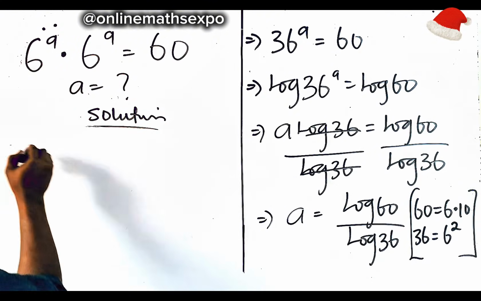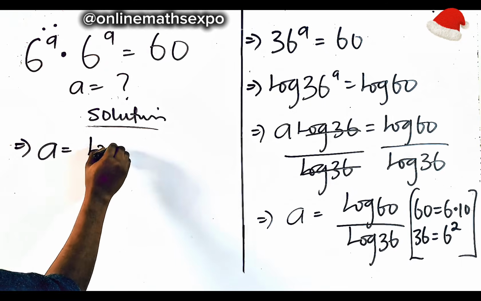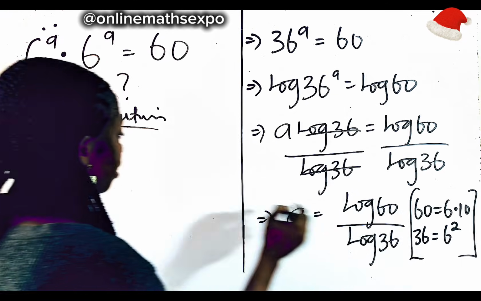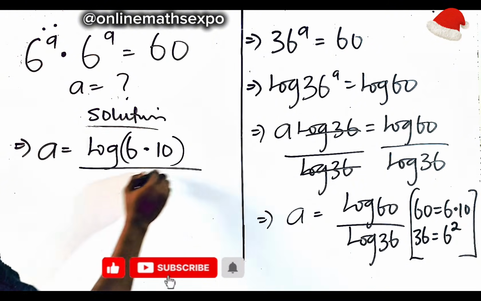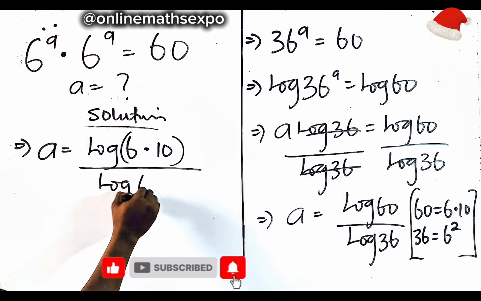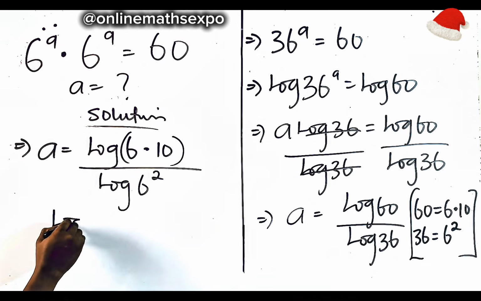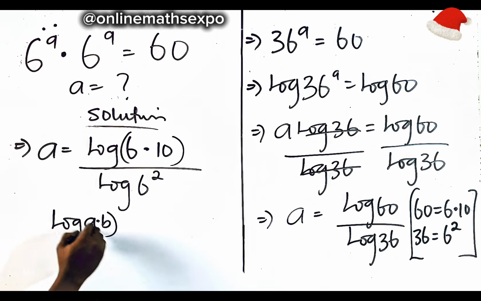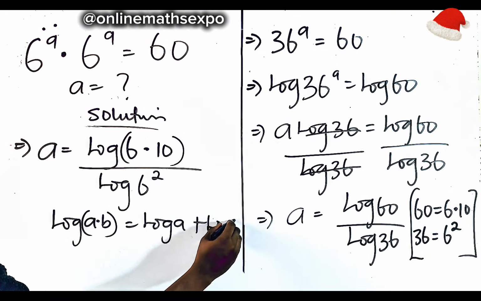Keep solving. We now have a is equal to log of, instead of writing this, I'll write 6 multiplied by 10 and is divided by log of 6 squared. Now, from here, just remember, for every log of a multiplied by b, it's always log of a plus log of b.